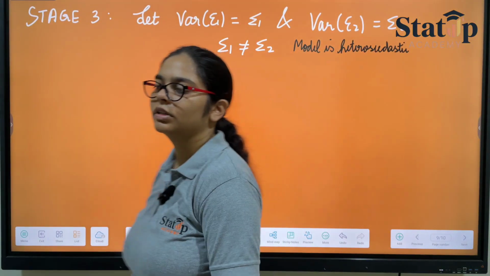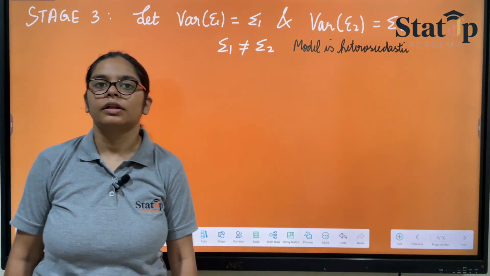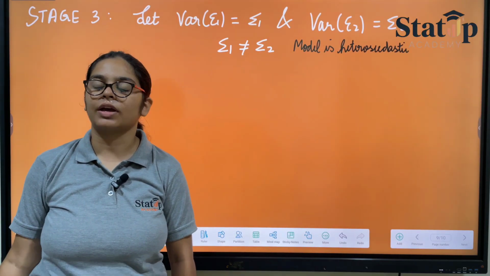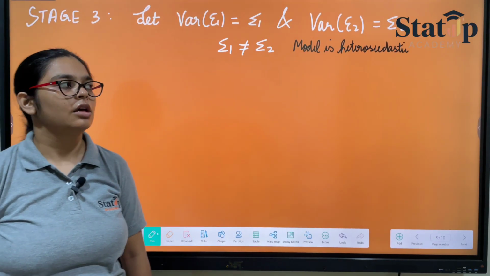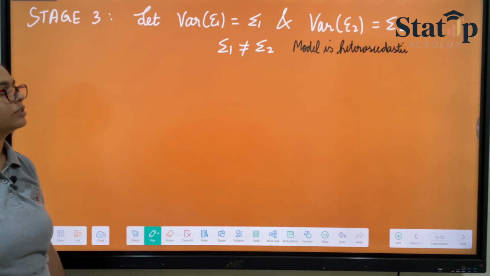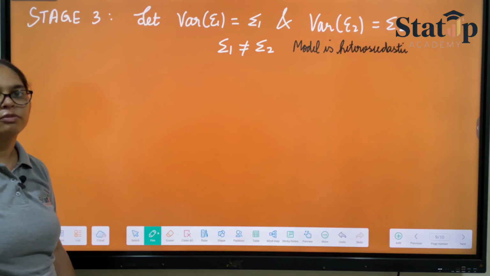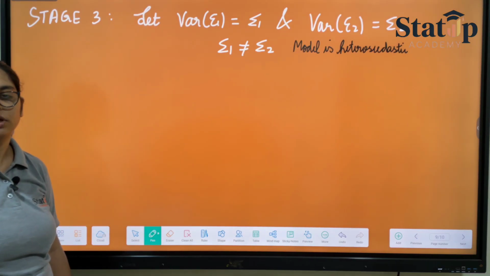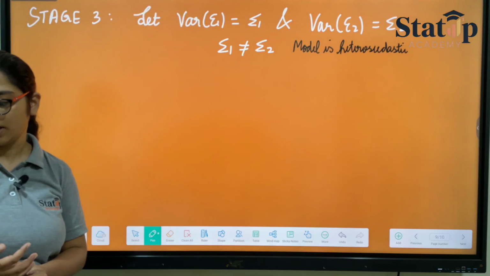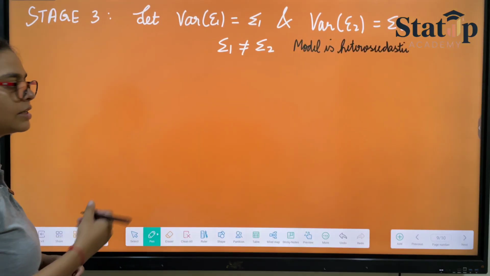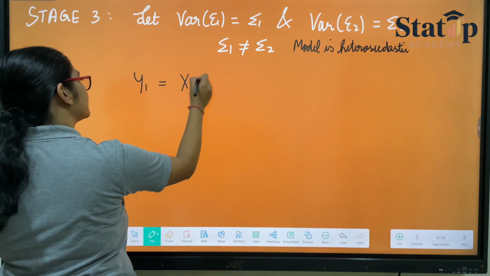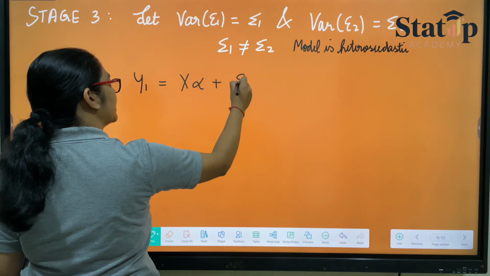Whenever the variance is not constant, then we say our model is heteroscedastic. This is one of the problems of our model which we have discussed in the previous lecture in detail, so you can watch that video. I'm telling you the shortest form of what heteroscedasticity is here. Now, if our model is like this, then stage 3 is given as, let us consider y1 is equal to x alpha plus epsilon 1.